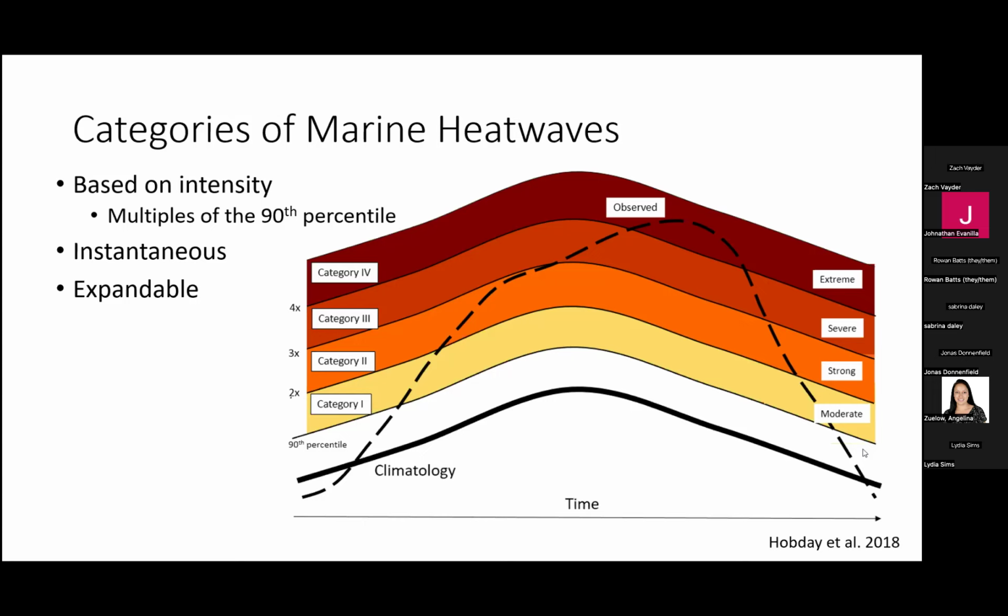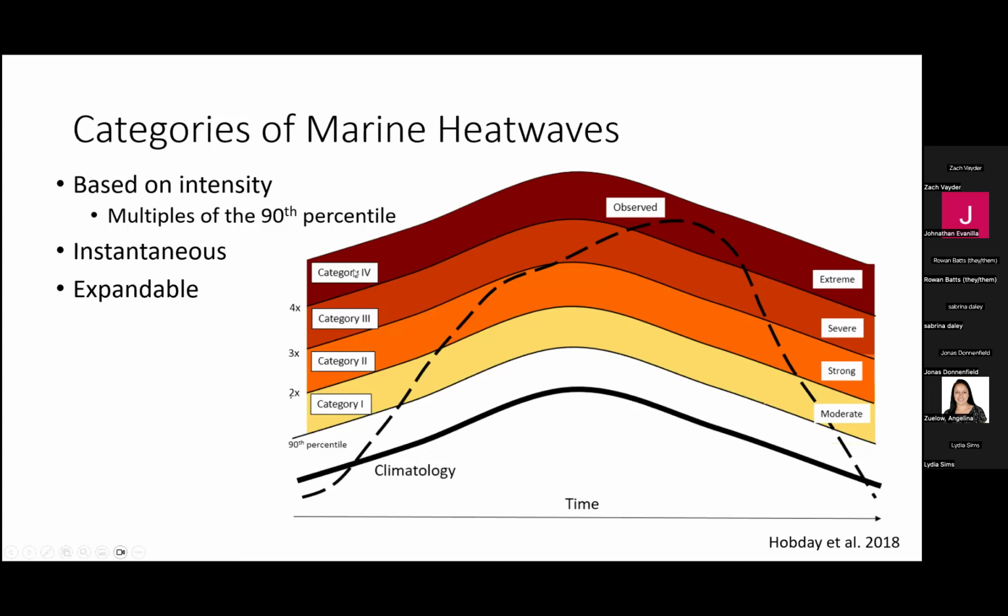It's an instantaneous measure. You can see the dotted line representing an observed heat wave begins at category 1, moves through category 2 and so on, and then relaxes again out of the heat wave condition. It's instantaneous, and this categorization system is expandable. At the moment, commonly occurring heat waves go up to category 3, there aren't very many category 4.